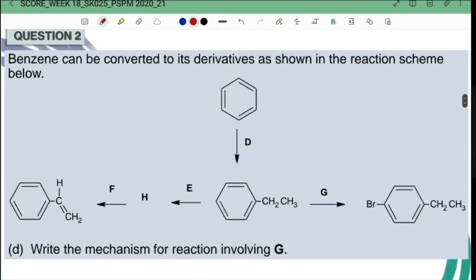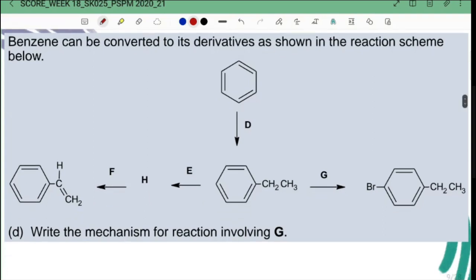Write the mechanism for the reaction involving G. Alright, and then we look at the mechanism.